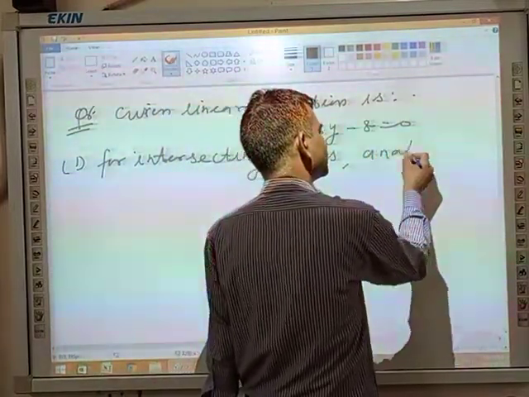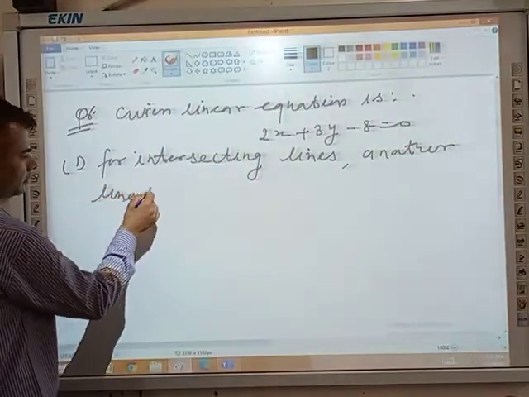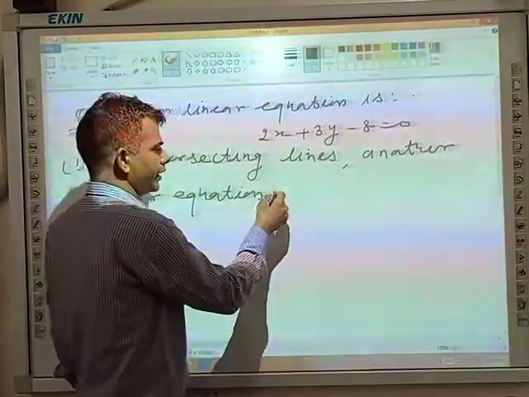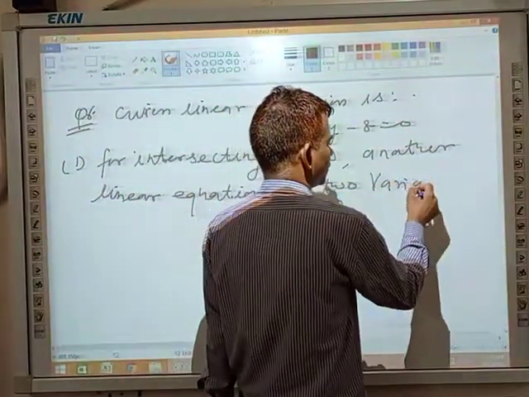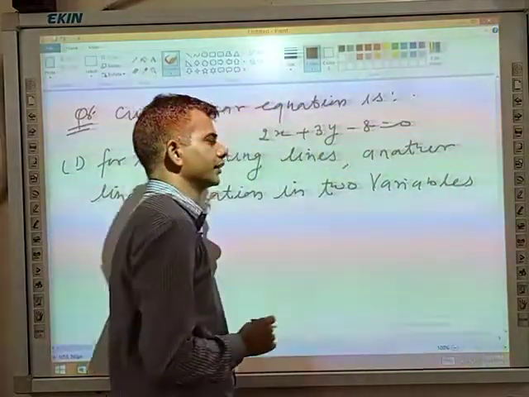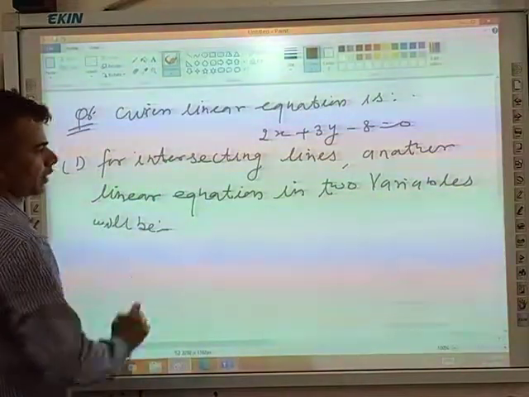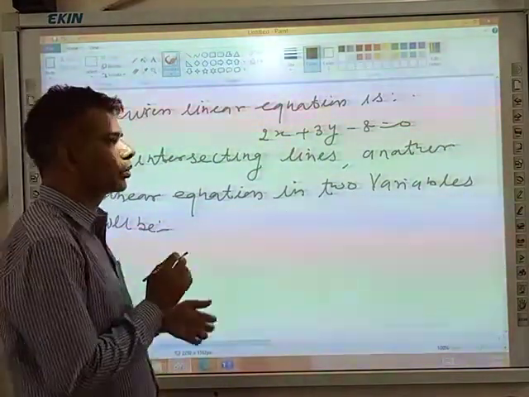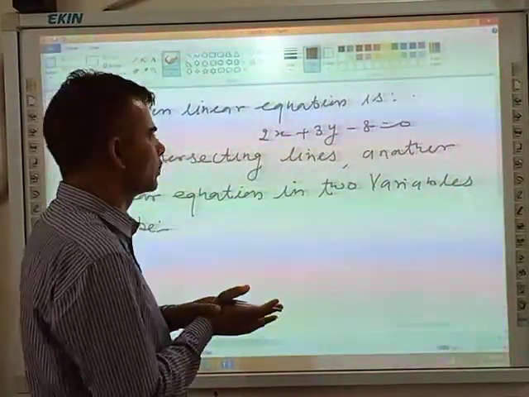For intersecting lines, what can another linear equation in two variables be?